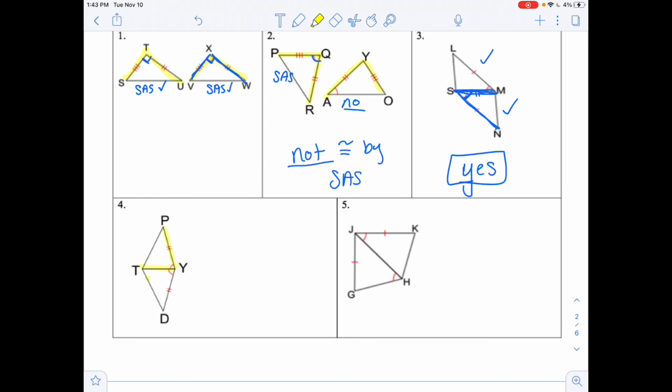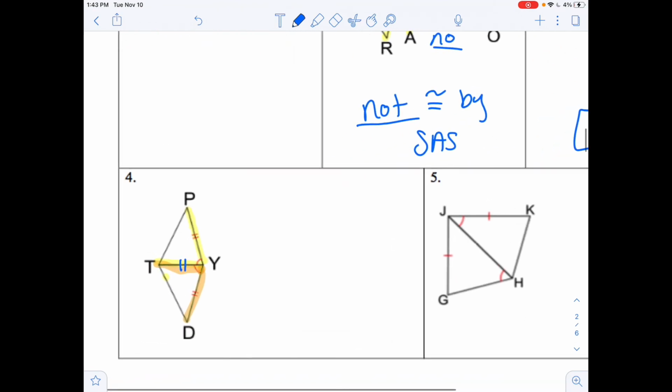Side, reflexive side. So I have a side, I got an angle, that one works. And then I've got a side, and I've got that included angle. So that's a yes.